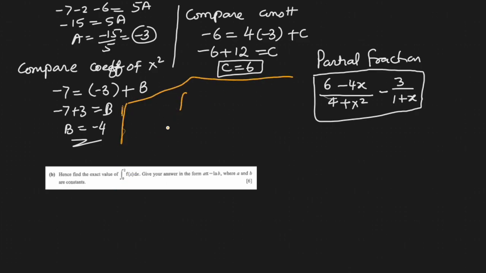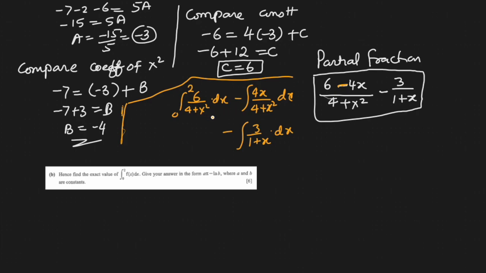Integration from 0 to 2 of 6 over 4 plus x square dx, then minus 4x over 4 plus x square dx, minus 3 over 1 plus x dx.